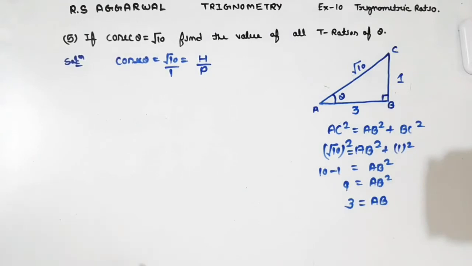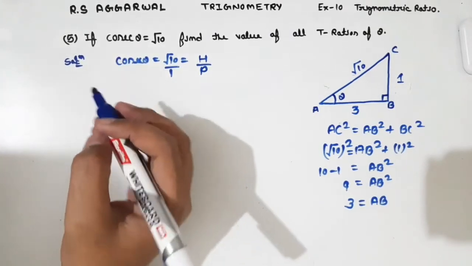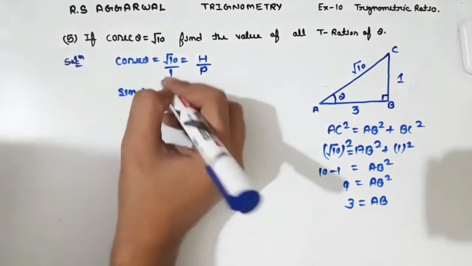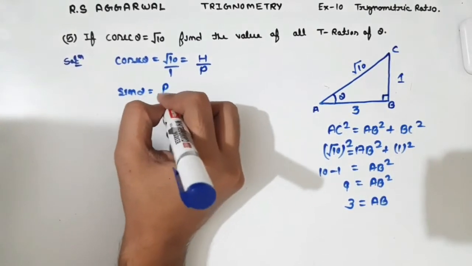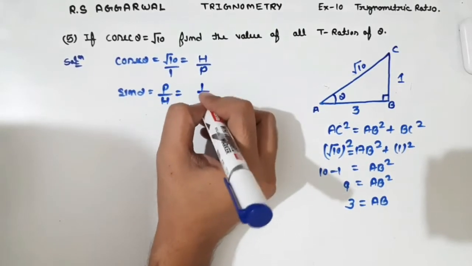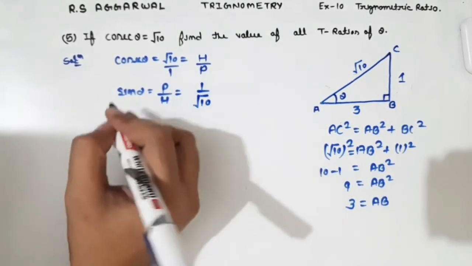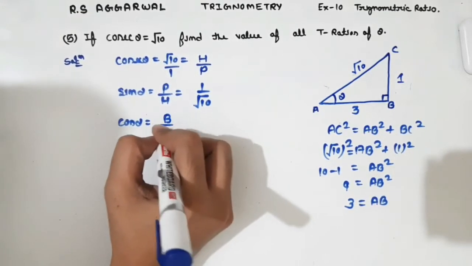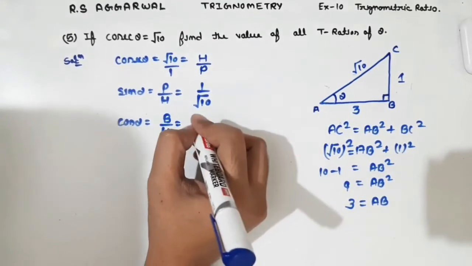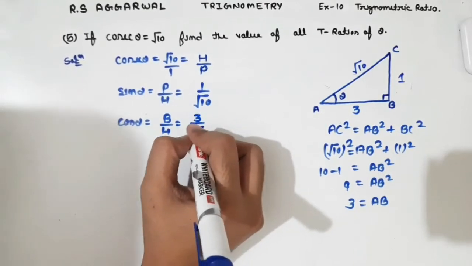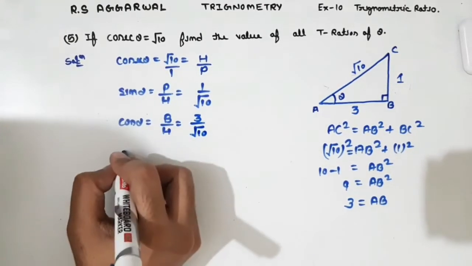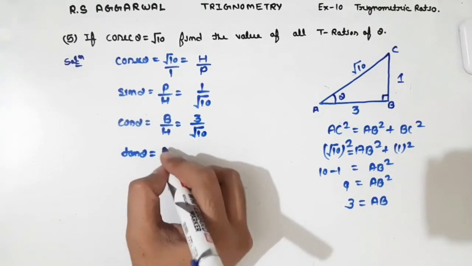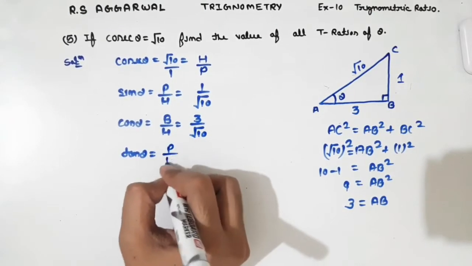So now in this triangle, our other trigonometric ratios, like sin theta, is given by perpendicular upon hypotenuse. So our perpendicular is 1 and hypotenuse is root 10. Then cos theta is given by base upon hypotenuse. So our base is 3 and hypotenuse is root 10. Then tan theta is given by perpendicular upon base.